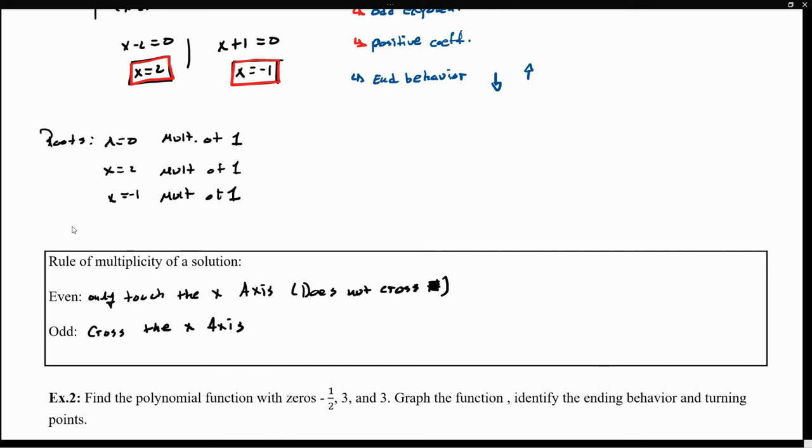Let's just give a small illustration of this. Let's assume that we do have a function where x equals 2 has a multiplicity of 2. Since I know that my multiplicity is of an even degree, let's assume that this is 2.